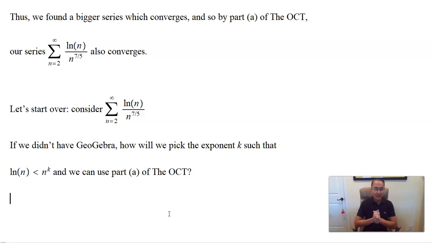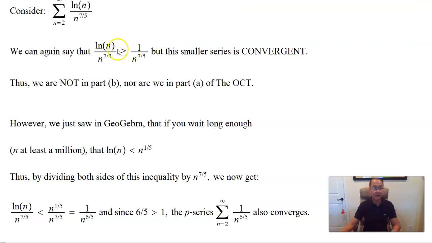Well, we know that this inequality is true for any positive k. So again, we can divide both parts by n to the 7/5, and the inequality will still stay true.